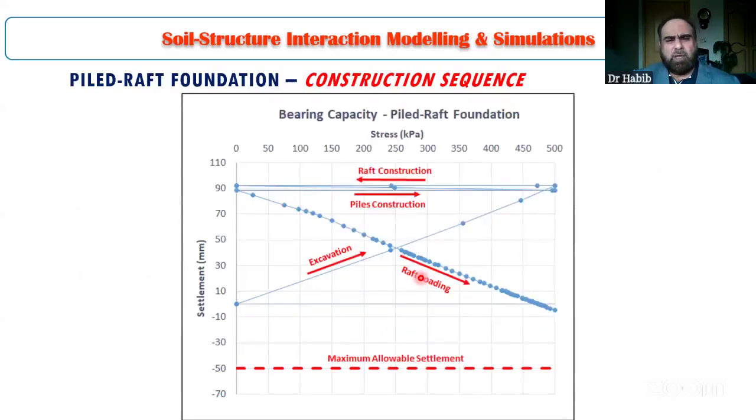So if we have made a real model, we can simulate all these stages. Like for example, in this plot, I'm just showing that when we excavate, we have a heave, then we have pile construction, and then we have a raft construction, and finally we have raft loading.